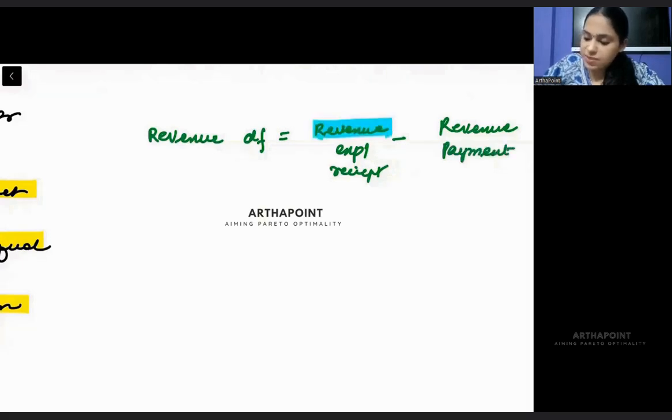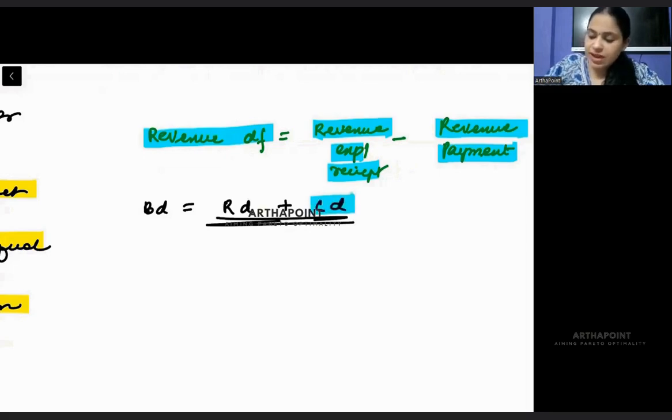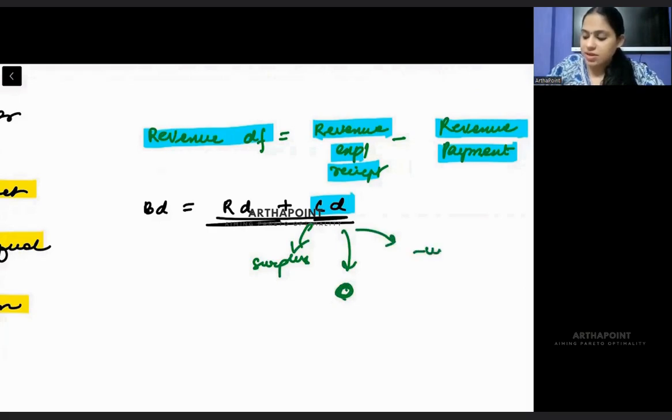So revenue expenditure minus revenue receipt is the revenue deficit. When I talk about budget deficit, it is revenue deficit plus capital deficit. This deficit in the capital account, I can have a surplus also. So I can have a capital surplus also. Capital receipt and payment can be equal also. It means it can be zero also. And it can be negative also.